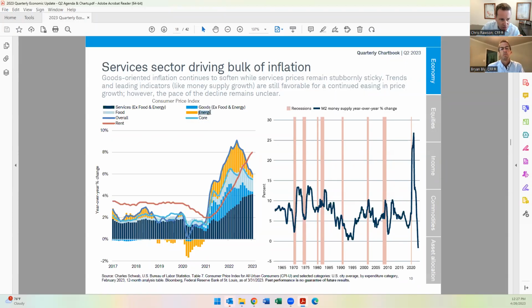And energy, what we've seen is a decline in energy. The cost of energy has come down. And then to Brian's point here about services cost continuing to rise, people who are renting are seeing rising rates in rent.